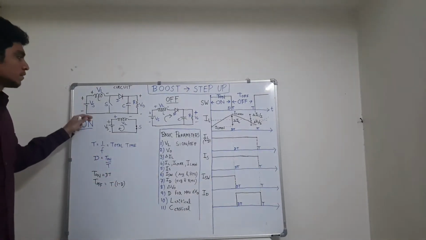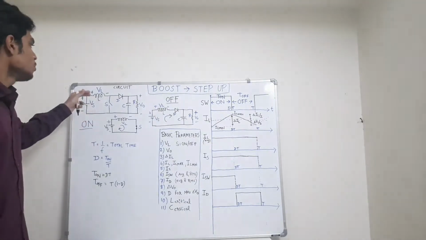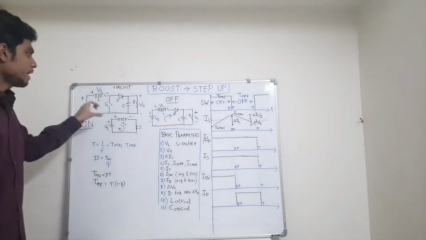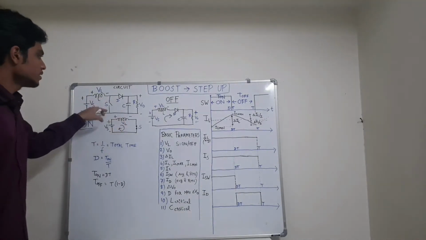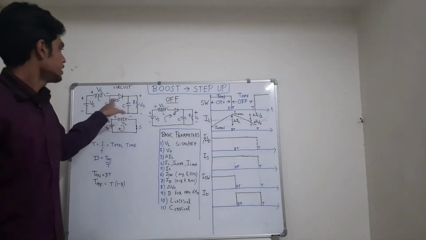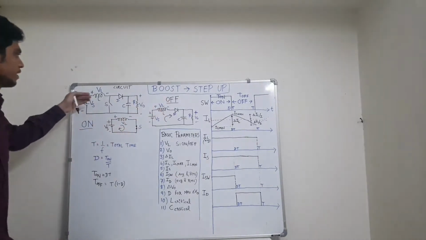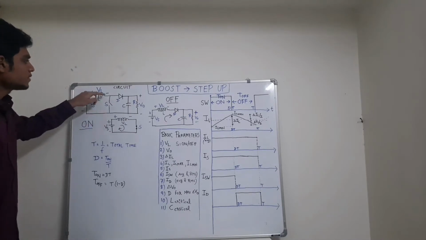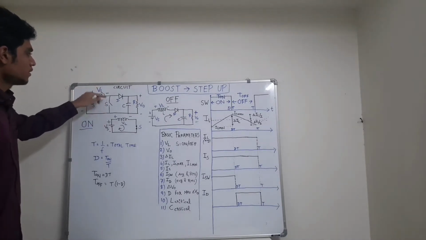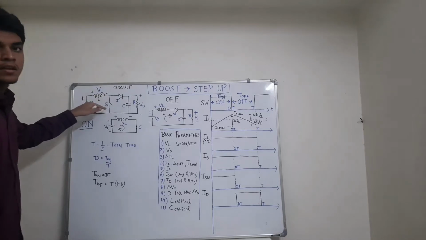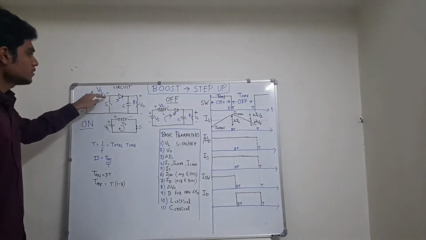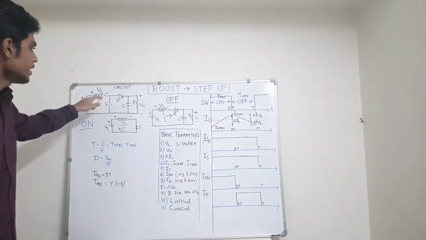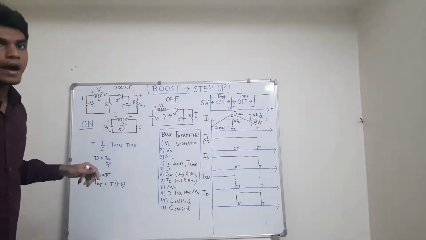Now let's see the boost converter operation, or equivalent circuit, when the switch is on and when the switch is off. So first, when the switch is on, we can see here friends that in this parallel path the equivalent resistance is 0 because we are considering all the components as ideal.